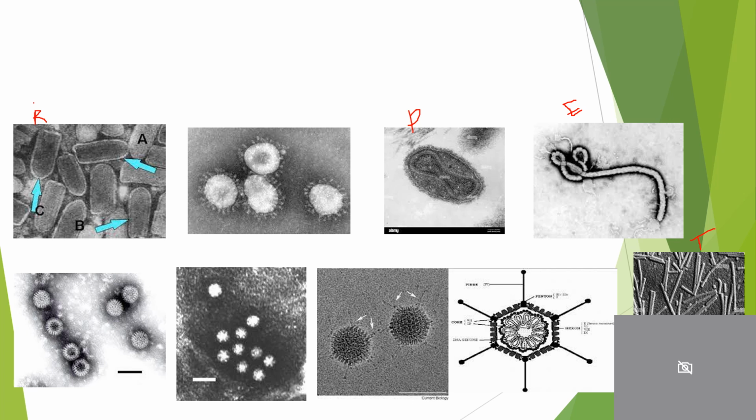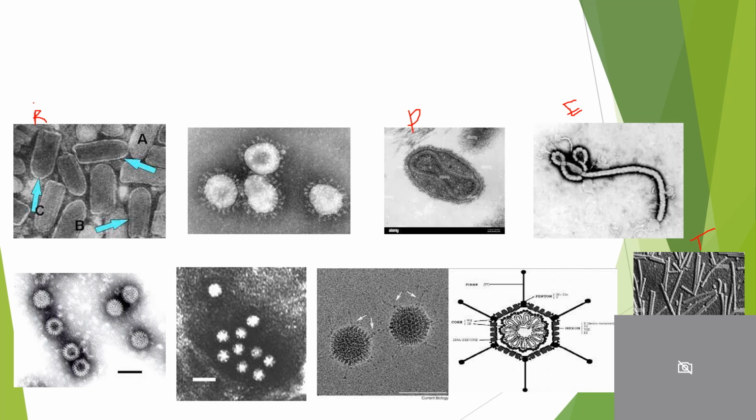Then is your adenovirus, which is like a spaceship. Here you can see this. And then you have the rotavirus. Rotavirus is this one. Okay, this one is your rotavirus, which is wheel shaped.